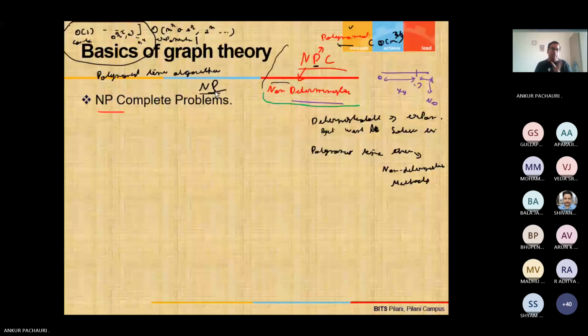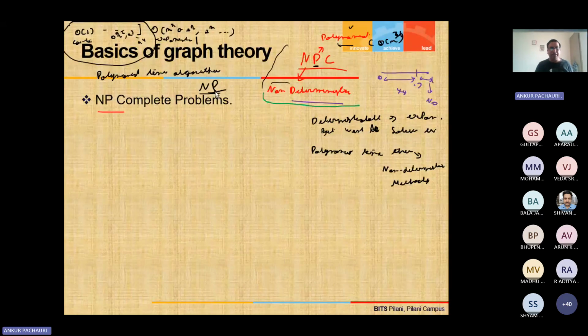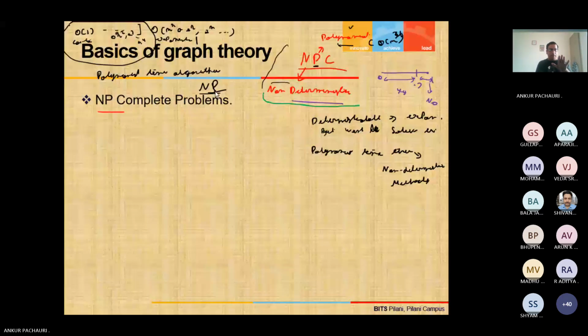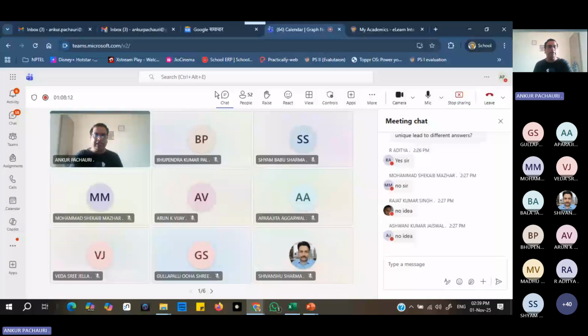P space is something different, which is unsolvable or the solution is not known. If someone knows the solution to a problem deterministically, then definitely it is exponential. So is this NPC problem? The definition is clear, the concept is clear.